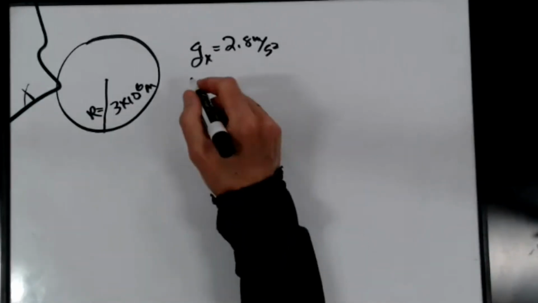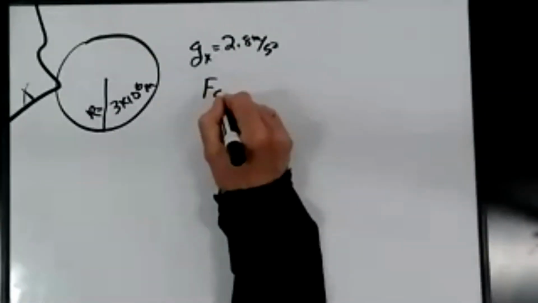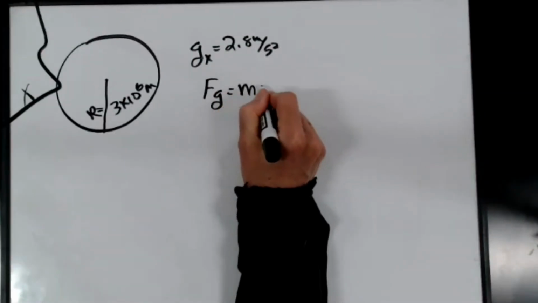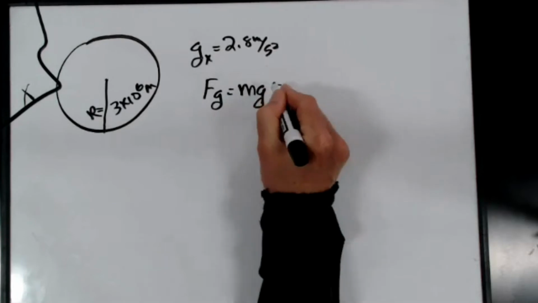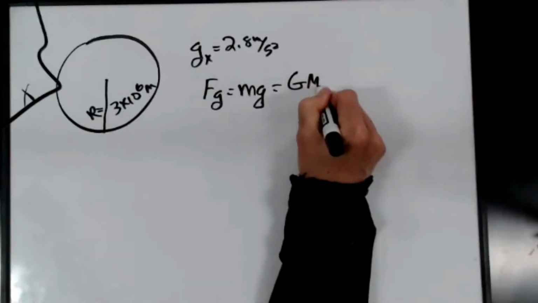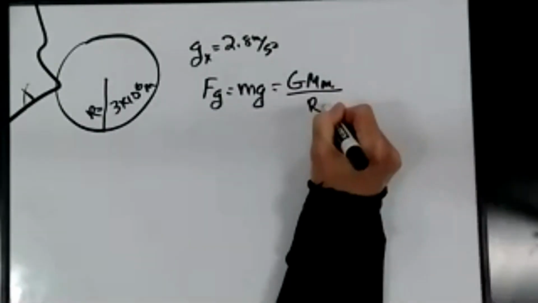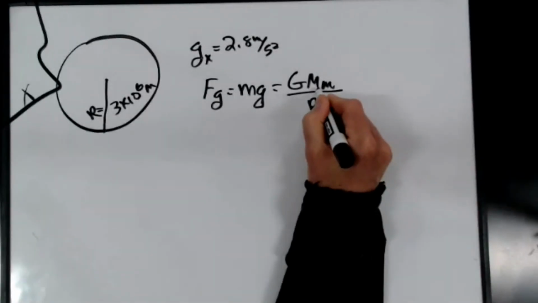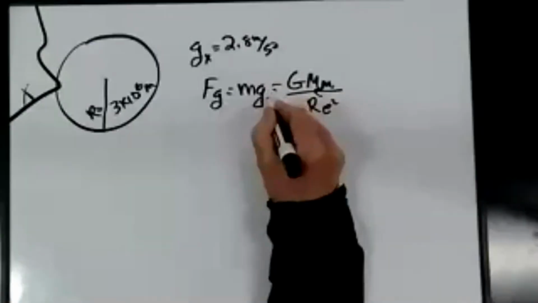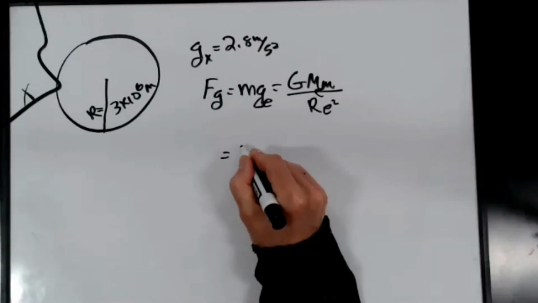And so if you remember, the force of gravity on the surface of a planet like Earth is just mg, but it's also equal to G M m over the radius of the planet squared, where M was the mass of the Earth, right? And that's g for the Earth. Well, it's the same thing on x.